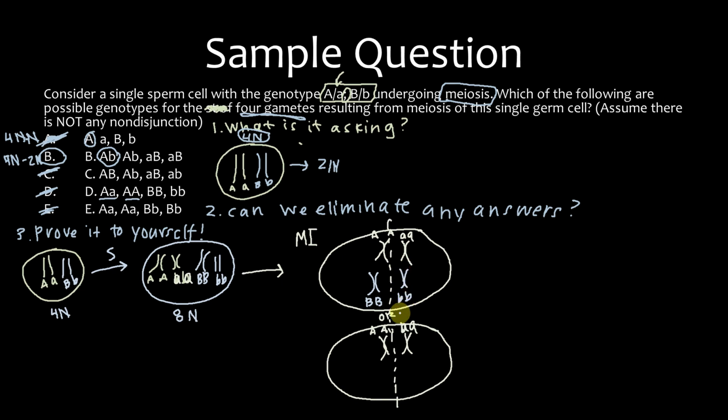But because of the law of independent assortment, guess what? It could be that the little b lines up on this side and the big B lines up on this side. And these two things will produce different products, okay? So when these segregate, the daughter cells from here will look like this: little a, little b, little b.